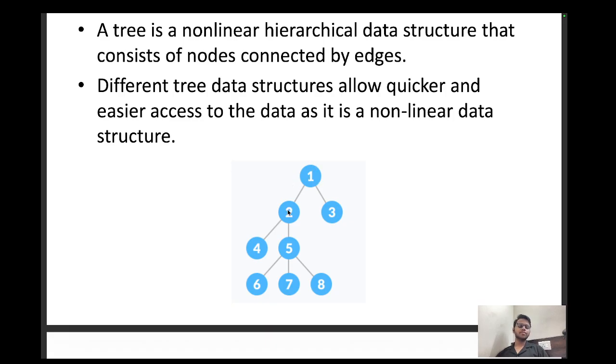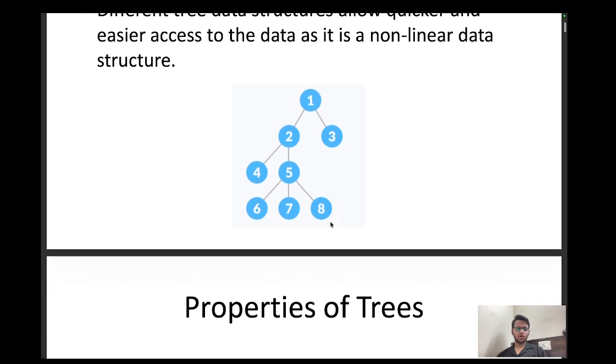Every other node which has some children or connections is called a parent node. Here also 2 is a parent node. If we see that 3 is not having any children, then it is not a parent node. It can be a parent node, but it does not have any children. So that's the concept.